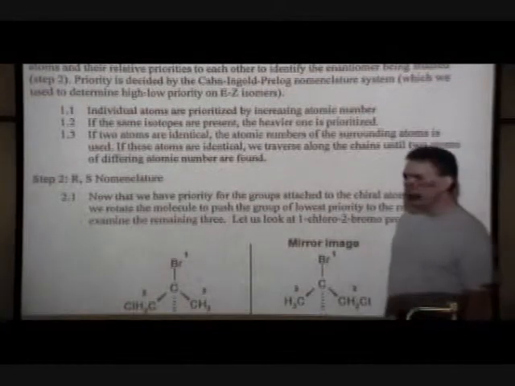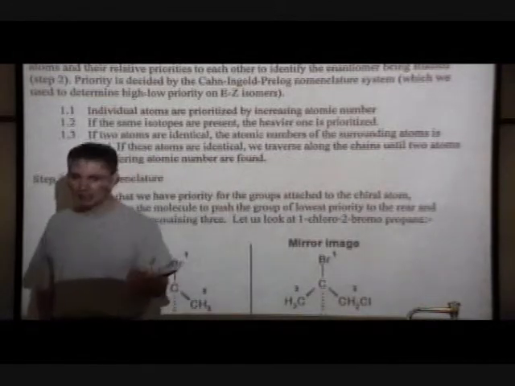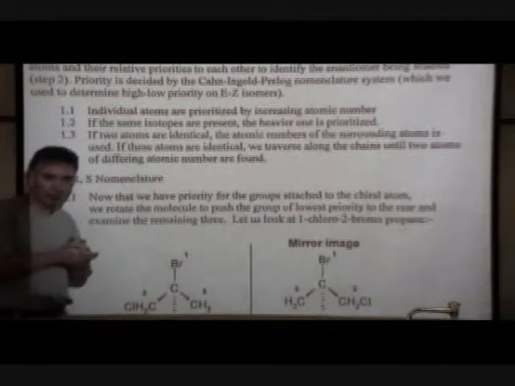So there's an extra little piece of nomenclature, kind of like we did with cis and trans ideas. We went different from our previous examples of stereoisomers. This is what is sometimes referred to as the Cahn-Ingold-Prelog nomenclature system.